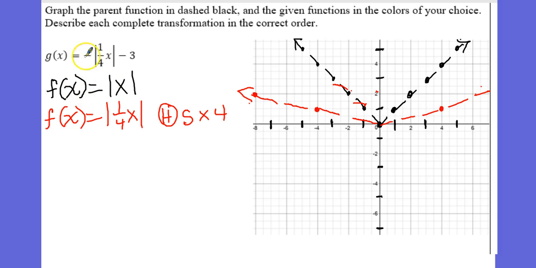So are we going to do our negation first or our shift? Negation, because we should always multiply before we subtract. So we're going to graph the negative. So that's outside the parentheses, a vertical action. So we're going to reflect it across the x-axis. So we're going to flip it upside down. So these points are going to reflect this direction, down.